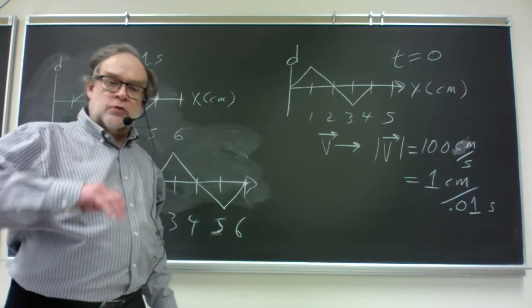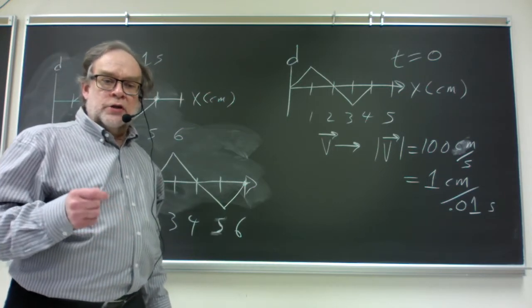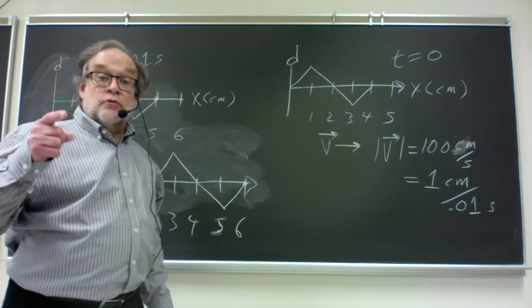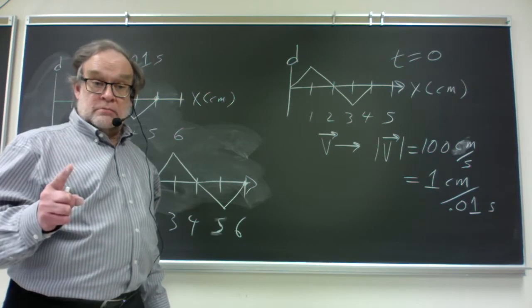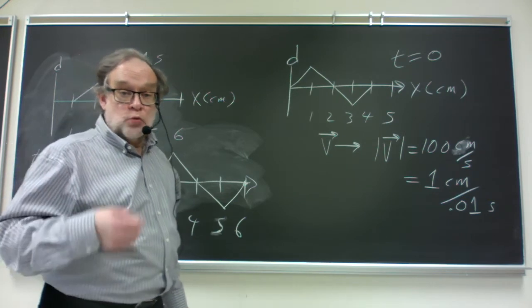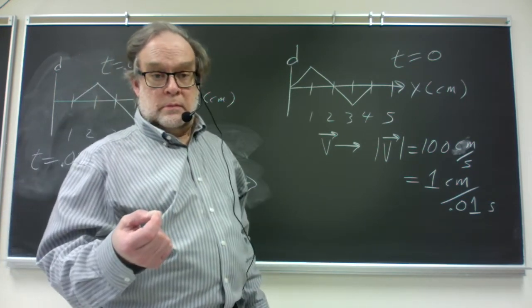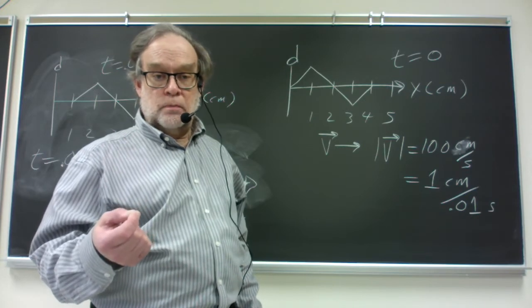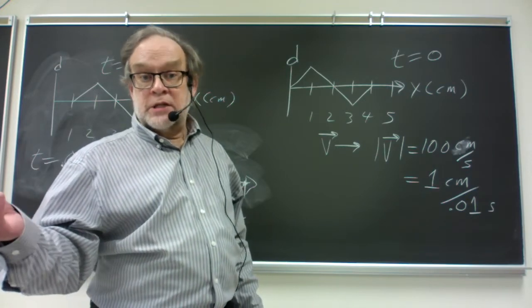Instead of doing that, we kind of flip it around and we look at all the displacements for just one location as time goes by, all the displacements that one little bit of mass goes through at different times.